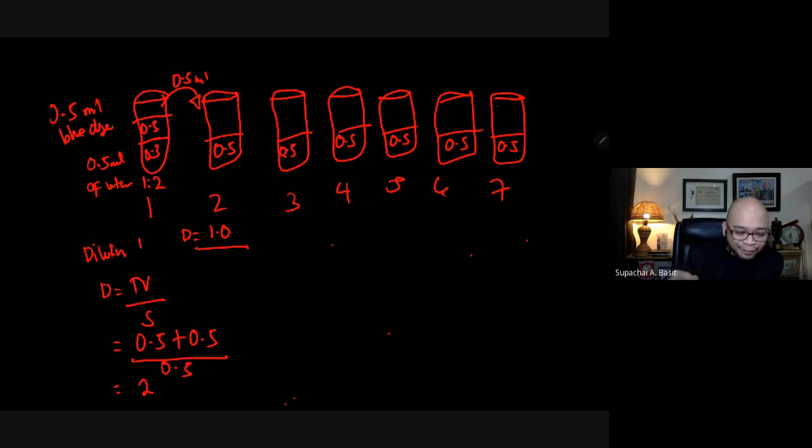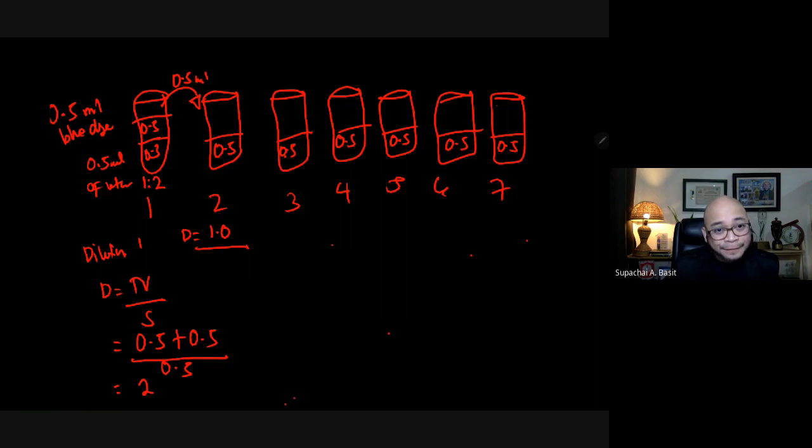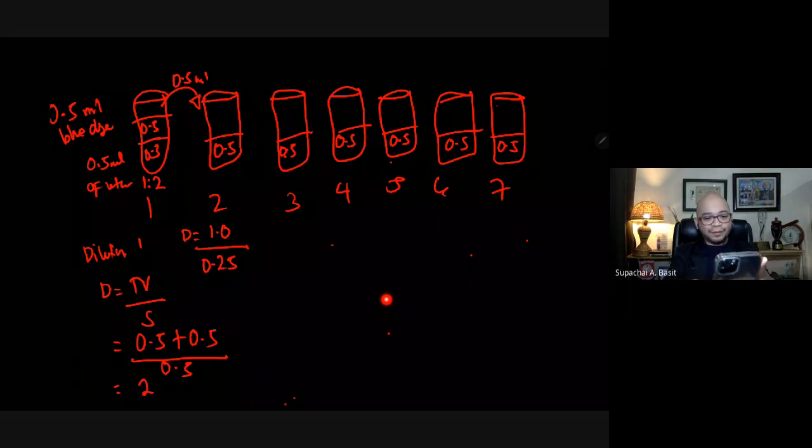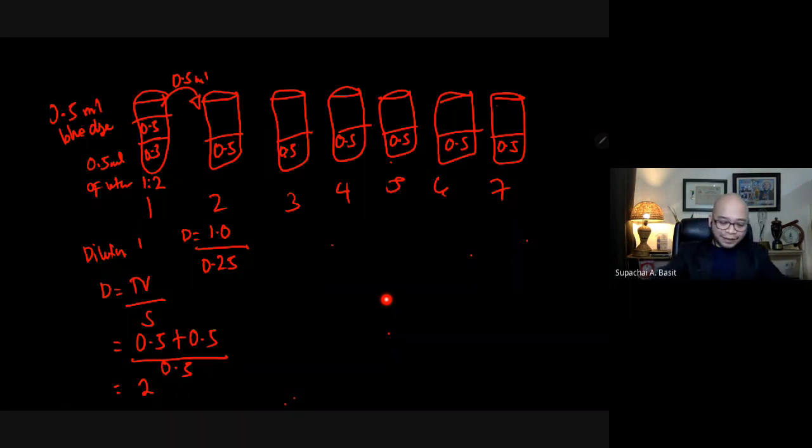So instead of having 0.5 as the denominator, your denominator will be half of 0.5, which is 0.25. So 1 over 0.25 is 4. So the dilution in tube number 2 is 1 is to 4. I hope you get it.